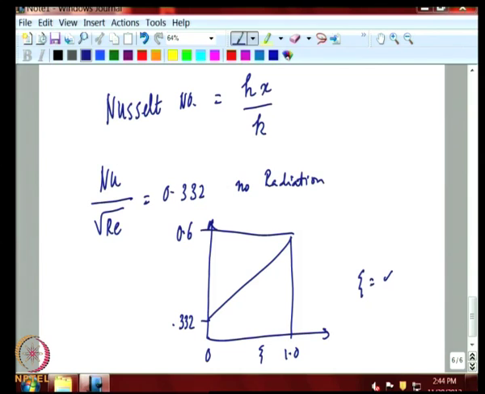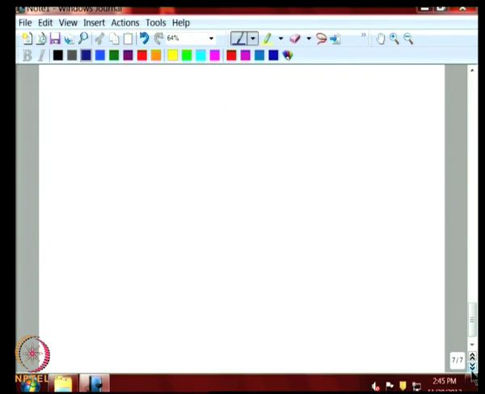So, this kind of simple analysis is useful in dealing with problems in which there is some interaction between radiation and convection. Now, in all the problems we have done so far, we have neglected scattering. So, we have always considered only a non-scattering medium.